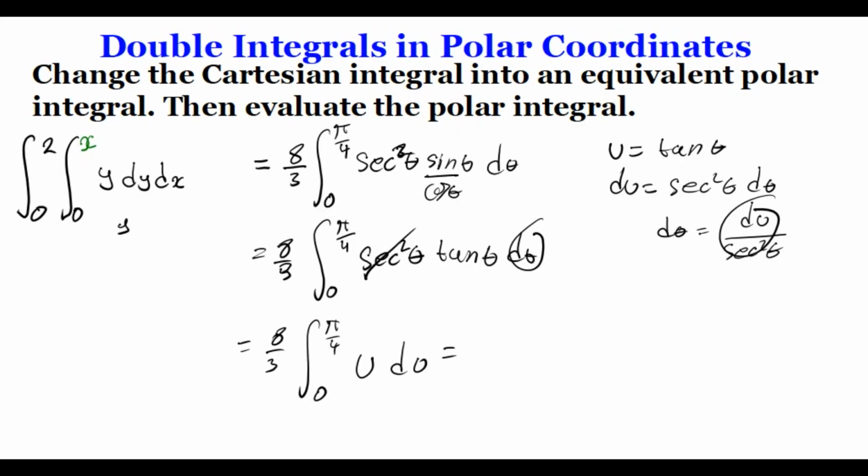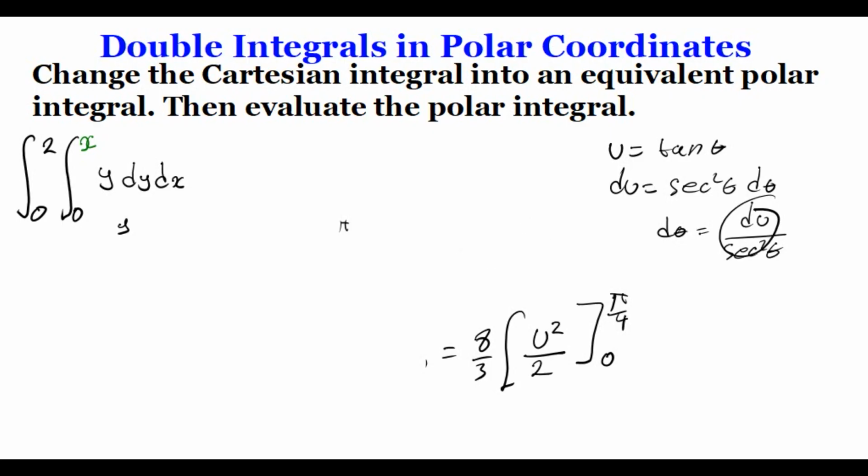So integrating this, you have 8 over 3. When you integrate u, that's going to be u squared over 2, evaluating from 0 to pi over 4.